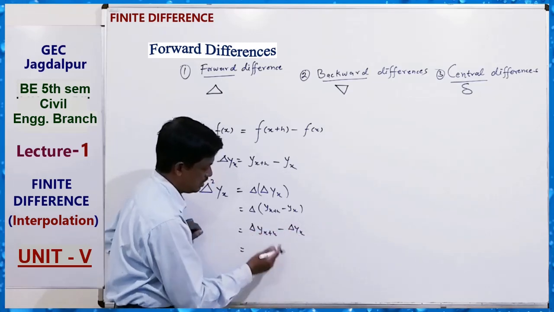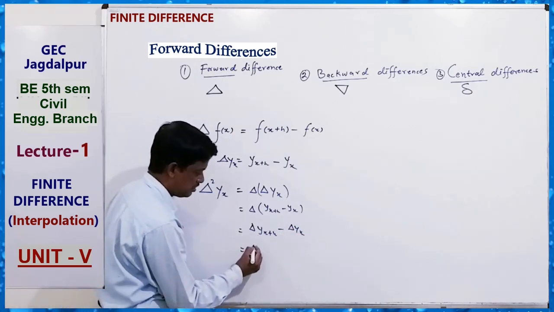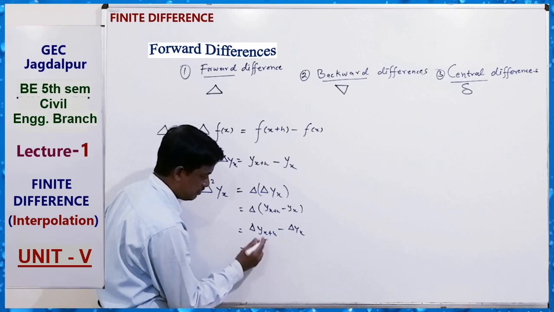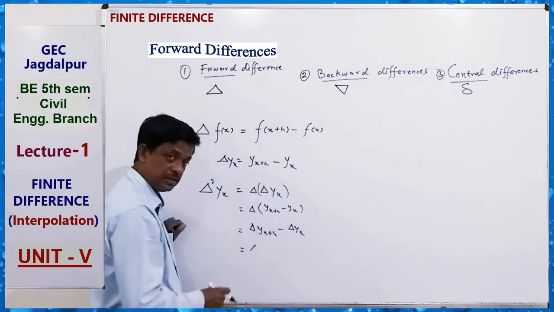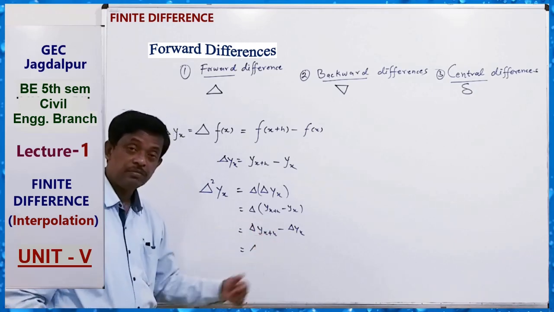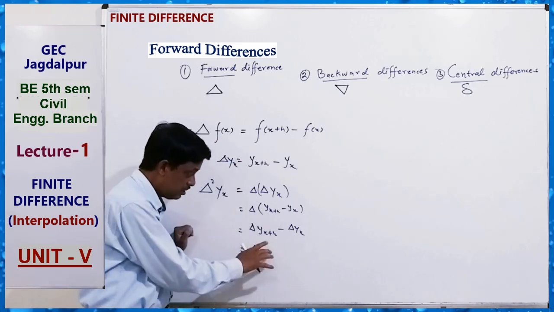Now we can take the differences. Each is the value of the function at an argument one step greater, minus the original.